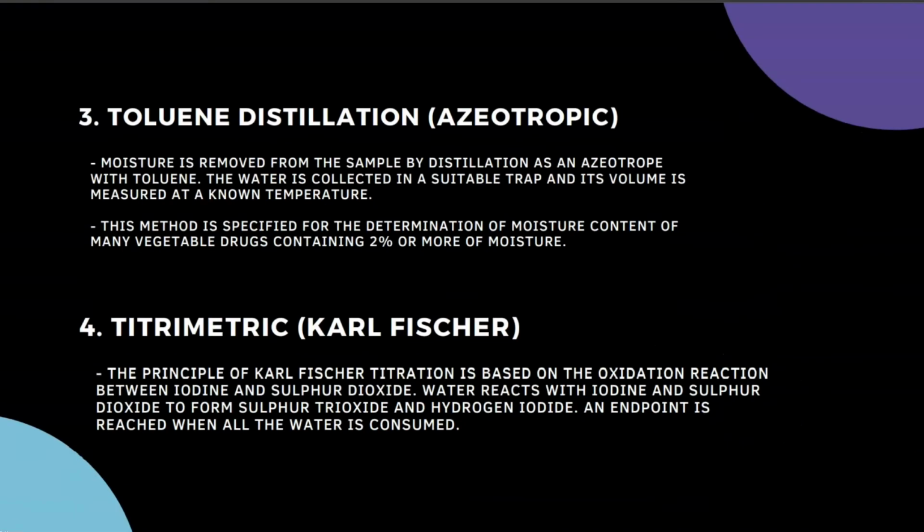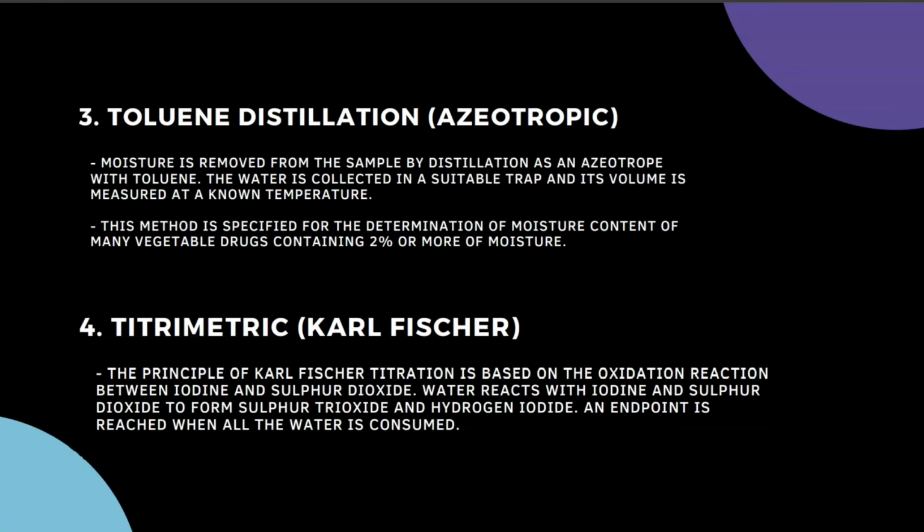Third, toluene distillation. Moisture is removed from the sample by distillation as an azeotrope with toluene. The water is collected in a suitable trap and its volume is measured at a known temperature. This method is specified for the determination of moisture content of many vegetable drugs containing 2% or more of moisture.